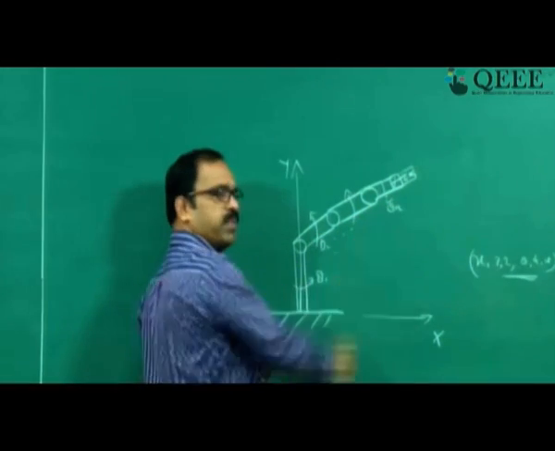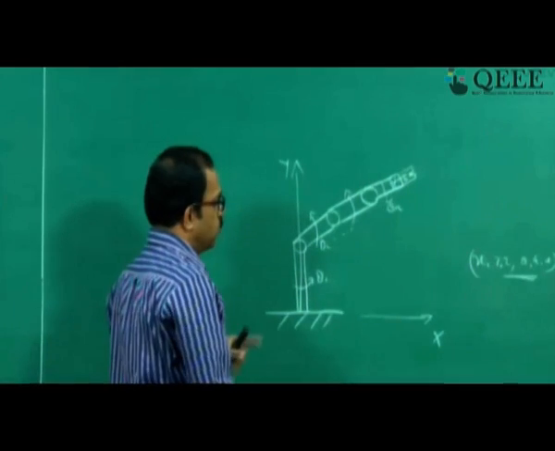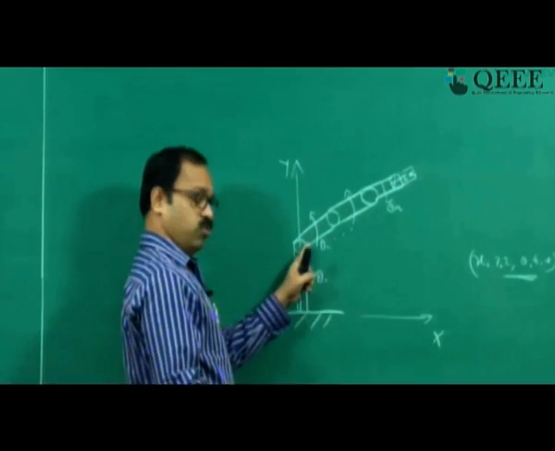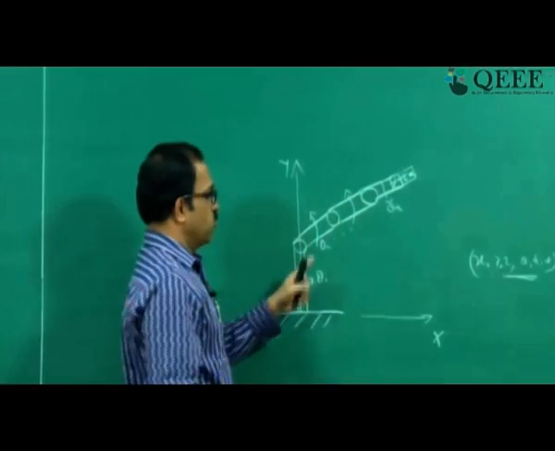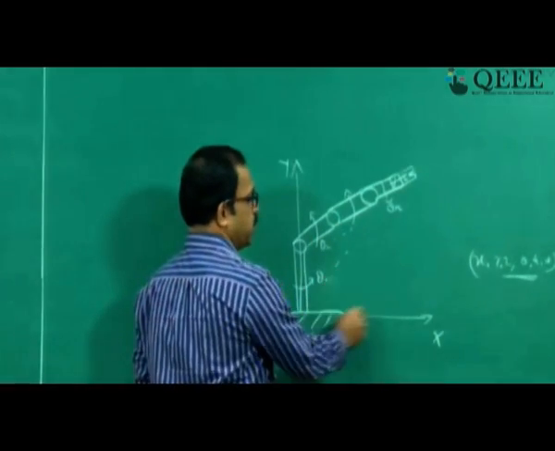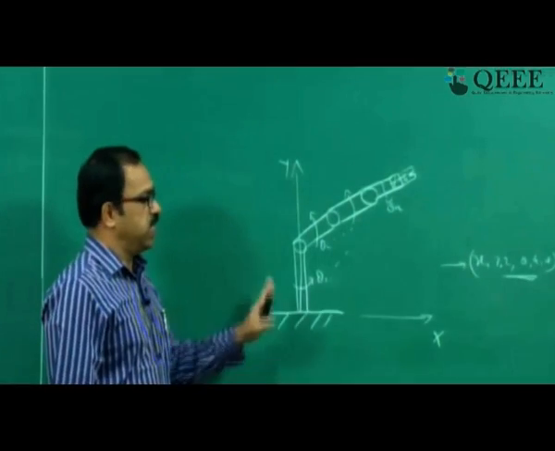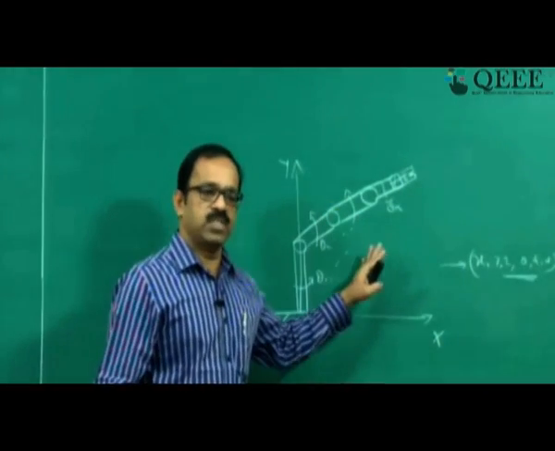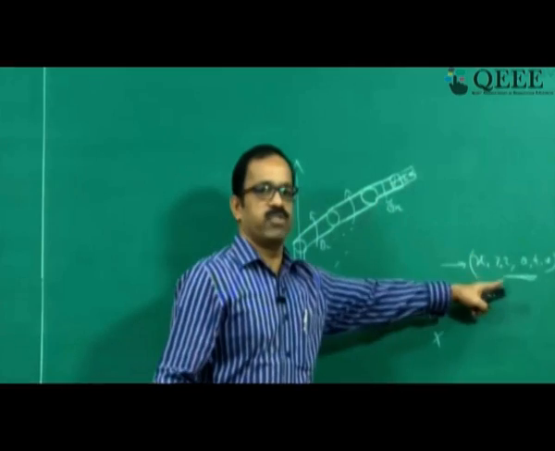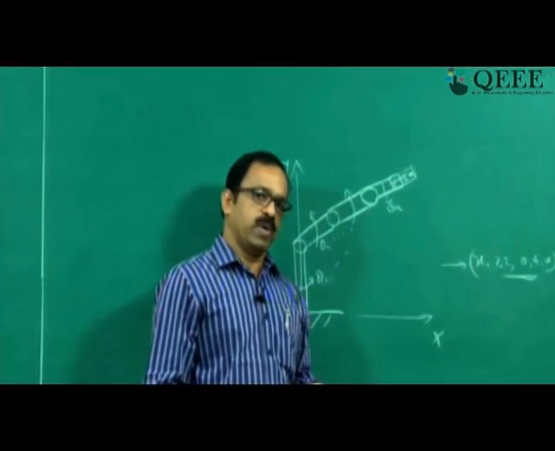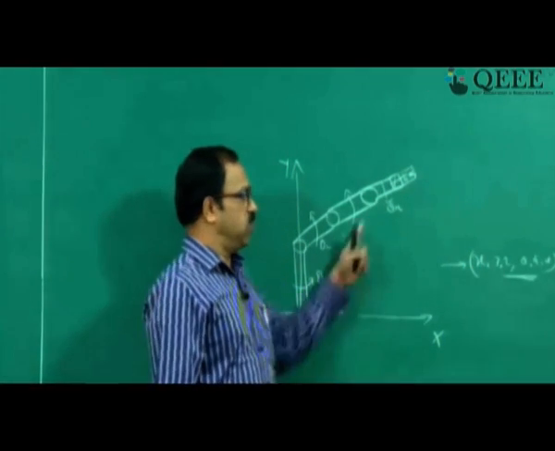These are the joint variables. A relationship between these joint variables and the Cartesian space of the robot needs to be developed. So a relationship between the joint variables and the position and orientation of the tool is to be formulated in forward kinematics, and that is what we are trying to do.